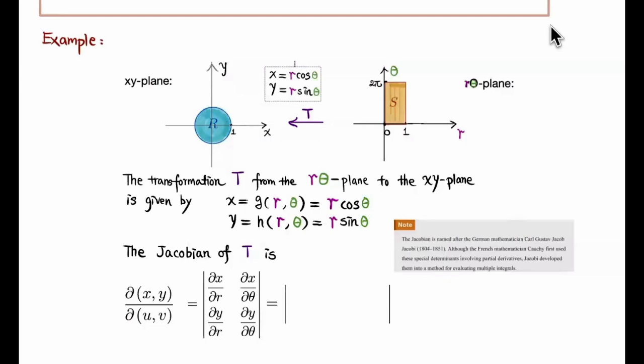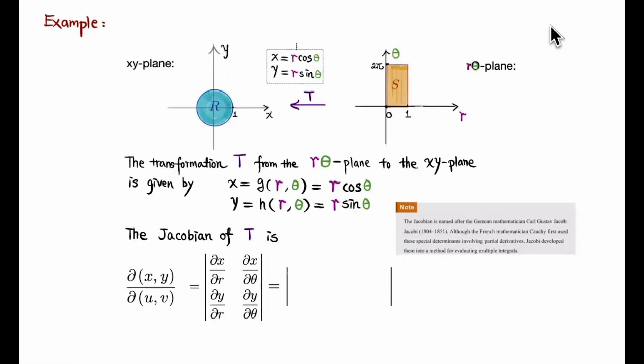Now let's look at one example to understand how to compute the Jacobian. For example, the transformation from the r theta plane to the xy plane is given by these two equations. The Jacobian of this transformation T is the determinant of this matrix.